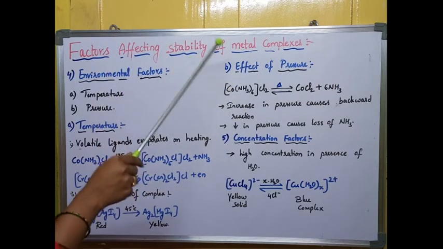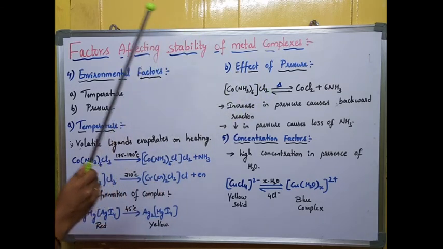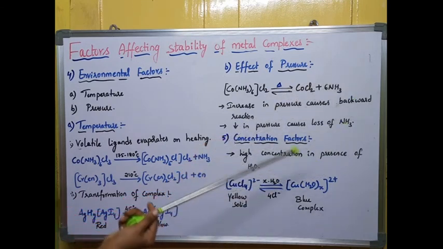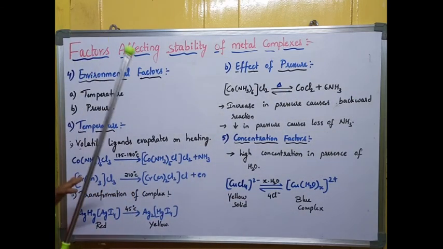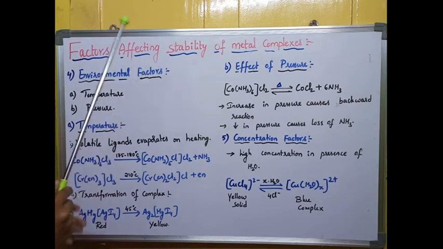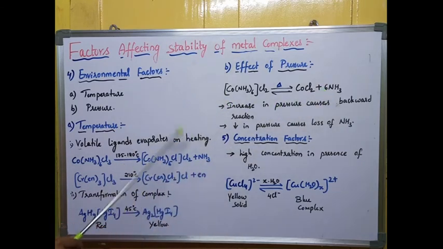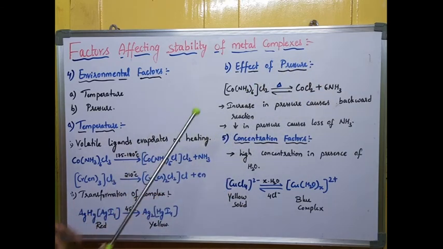If I decrease the pressure, all molecules will become loose and NH3 gets evaporated. So in such cases, the backward reaction will not take place. So in order to make the reaction reach equilibrium, I should apply more pressure. Increase in pressure causes the backward reaction. Decrease in pressure allows the loss of ammonia molecules outside.